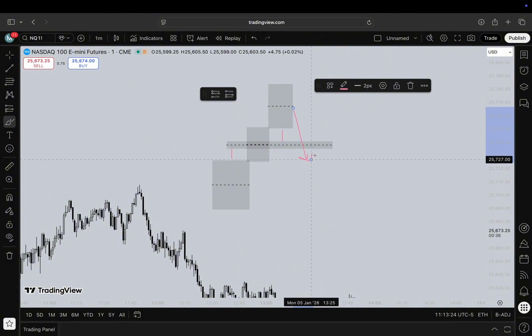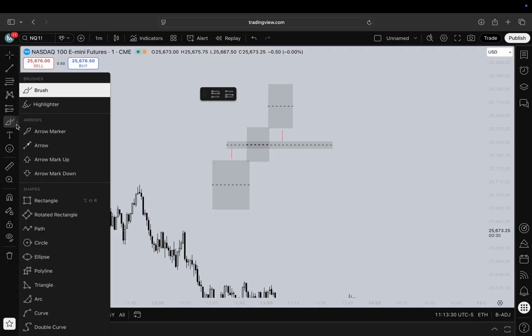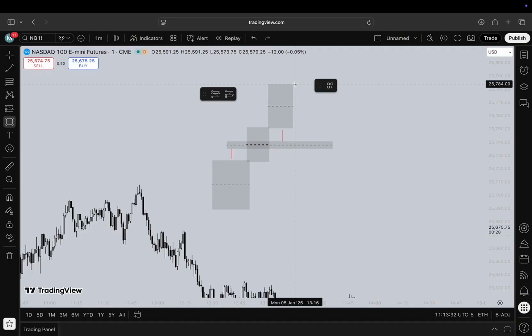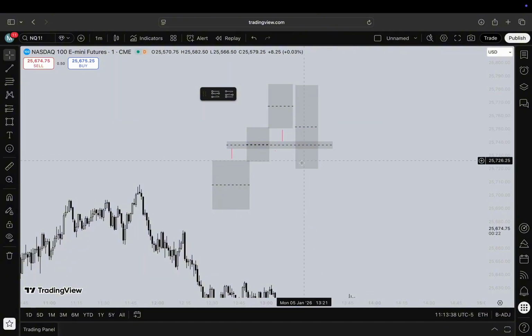We're not going to be looking for longs, we're actually going to be looking to take shorts from this inverted fair value gap. So the next candle we open here, we close below, and now we're going to be looking to take shorts from right here. And in a bullish example, if we had a bearish fair value gap and price closed above the fair value gap, then we're going to be looking for longs from that fair value gap.